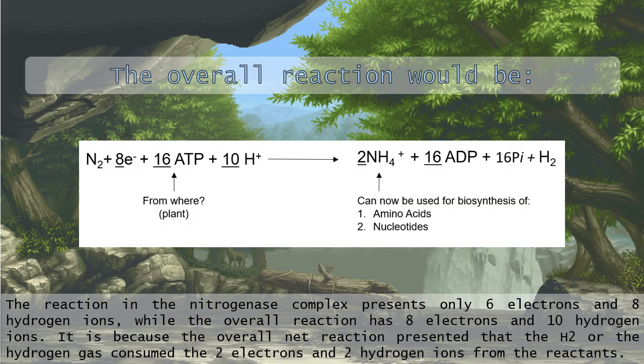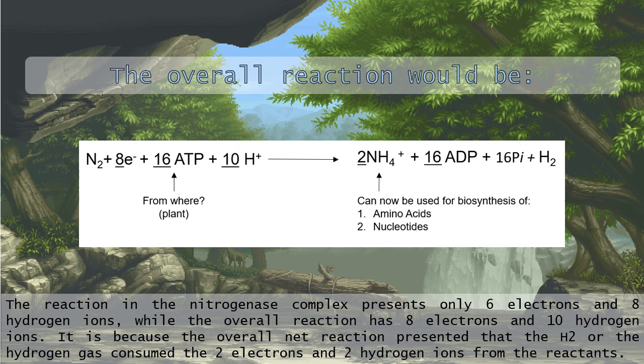The overall reaction would be dinitrogen plus 8 electrons plus 16 ATP plus 10 hydrogen ions produces 2 ammonium ions plus 16 ADP plus 16 inorganic phosphate and hydrogen gas. The 16 ATP is provided by the plant, while the produced ammonium ions can now be used for the biosynthesis of amino acids and nucleotides.